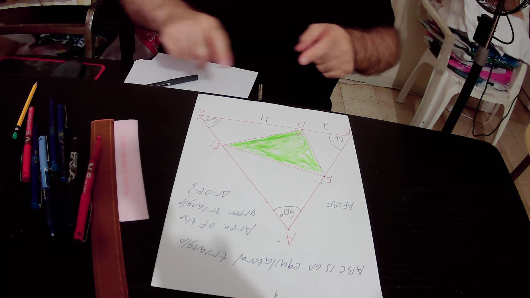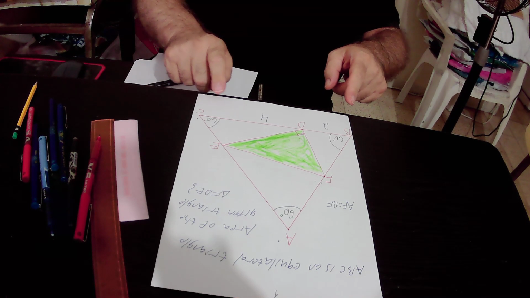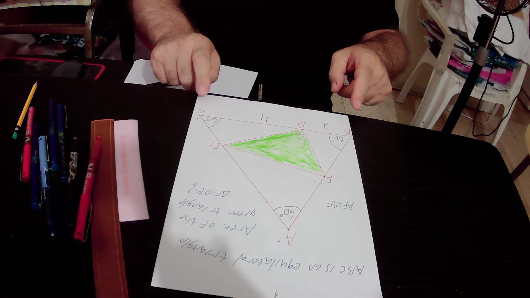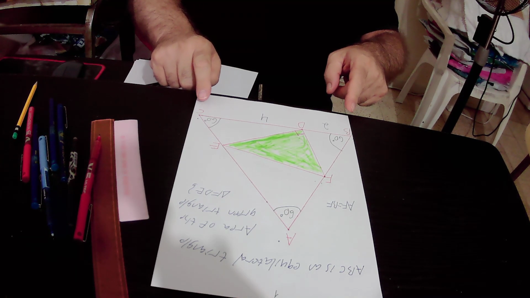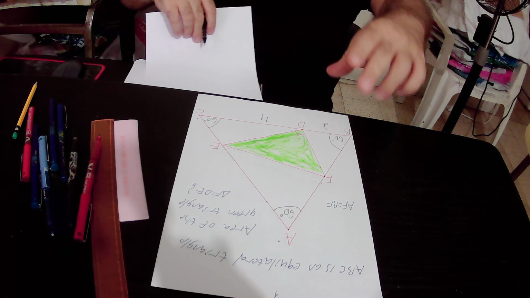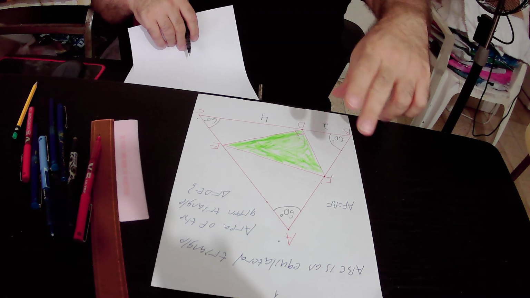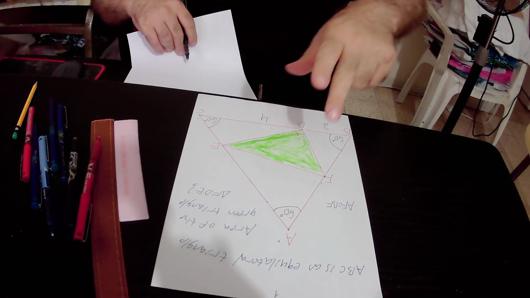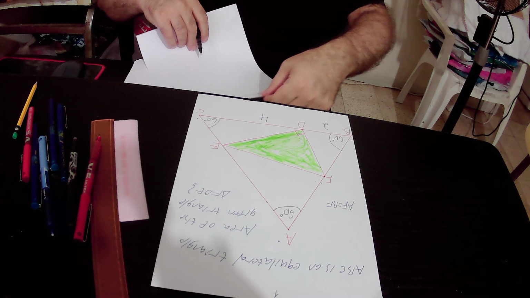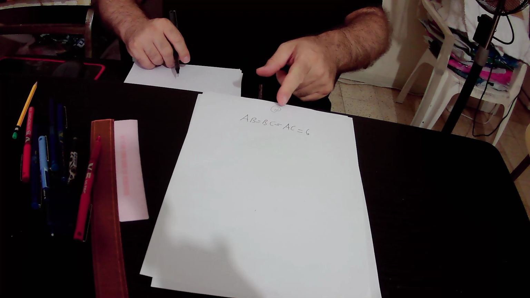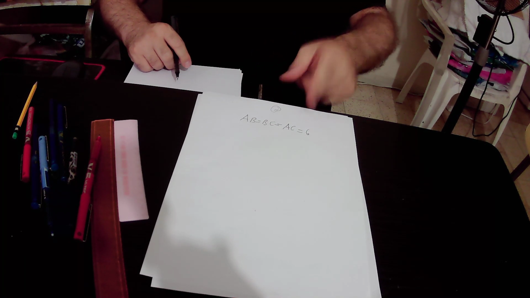So the size of BC is 2 plus 4, so the size of BC is 6 units. Therefore, all the sides of the equilateral triangle ABC equal 6 units: AB equals BC equals AC equals 6 units.